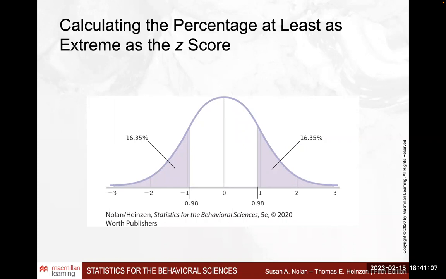That's our 16.35, and here we again have 16.35. So that's 32.7. That means that 67.3% of my population is between minus 0.98 and plus 0.98.